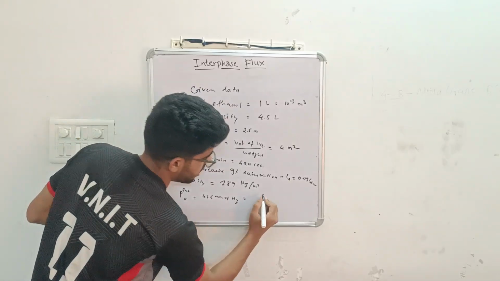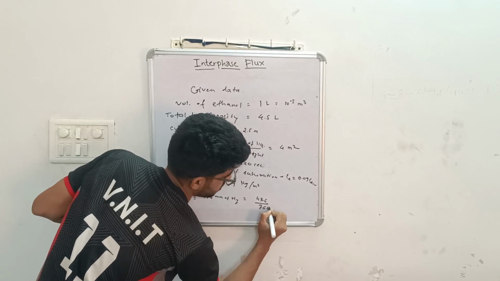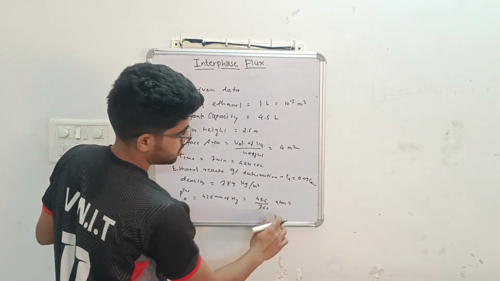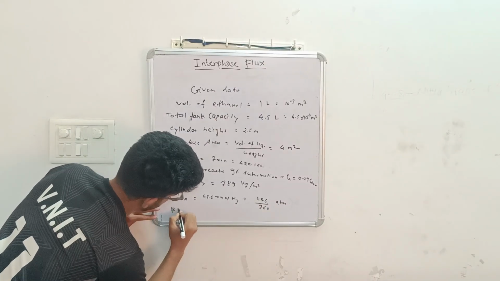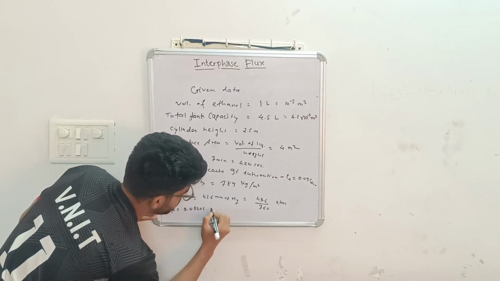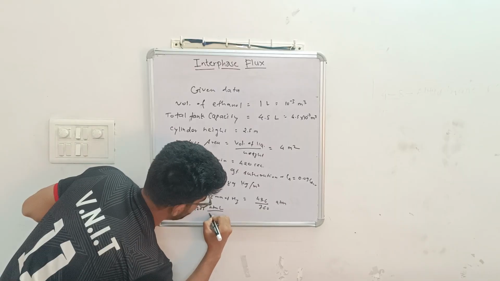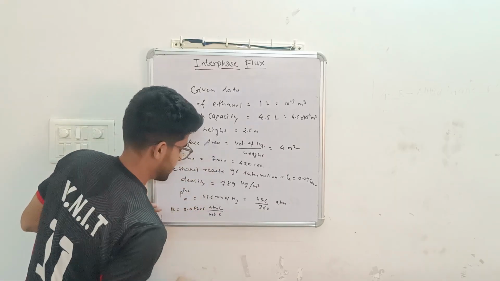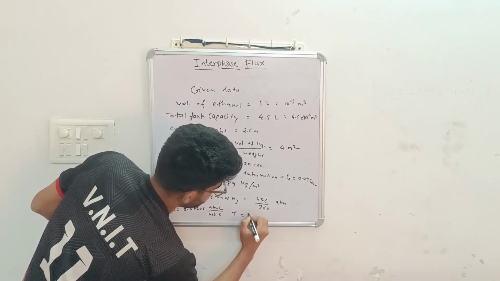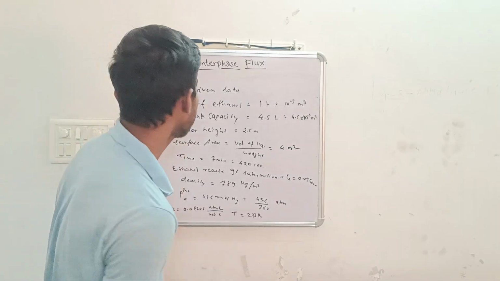We are going to convert it into ATM. R is equal to 0.08205 ATM liter per mole per Kelvin, and our temperature is given by 293 Kelvin. So moving further.